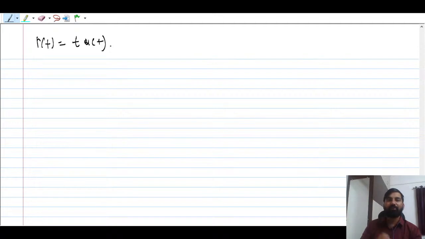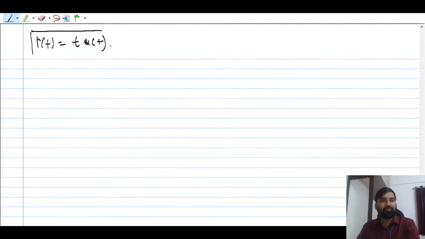Whenever u of t is multiplied, that signal becomes non-periodic. I mean, it will never be periodic, because it is switched on and only defined for positive time. But what is the meaning of a periodic signal? It should be everlasting, meaning defined from minus infinity to infinity, okay?